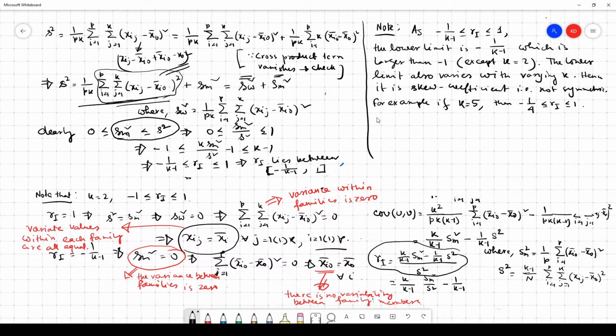Hence, Ri equal to minus 1 by 4 implies there is a minimum intraclass correlation.